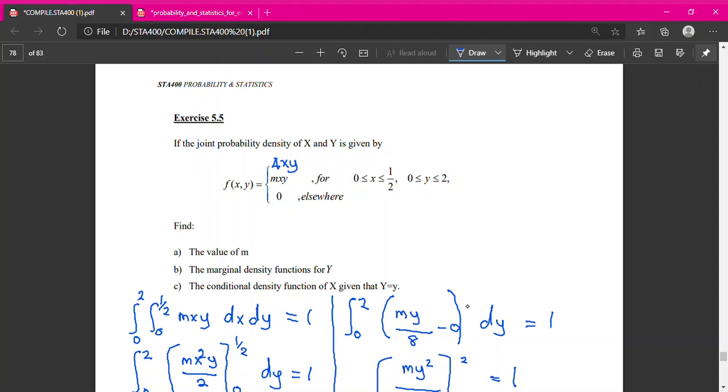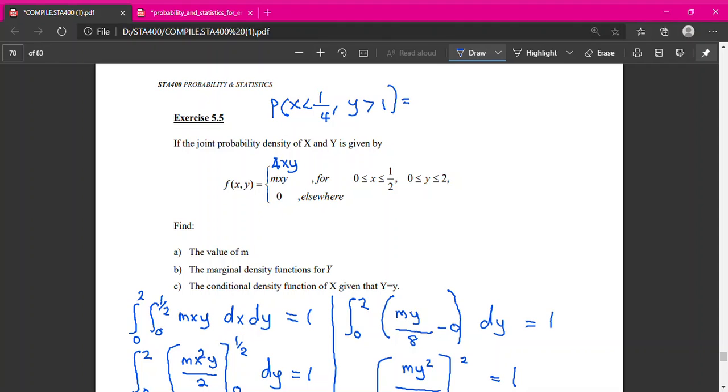Okay, so contohnya, let's say you nak dapatkan probability of x less than 1 over 4 and y more than 1.